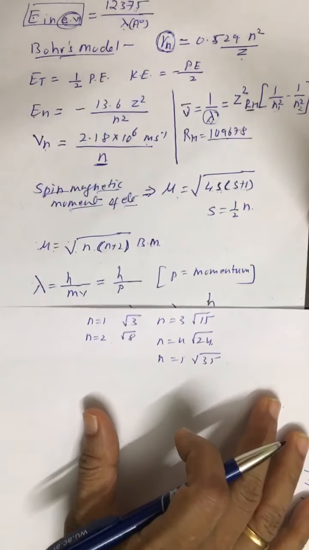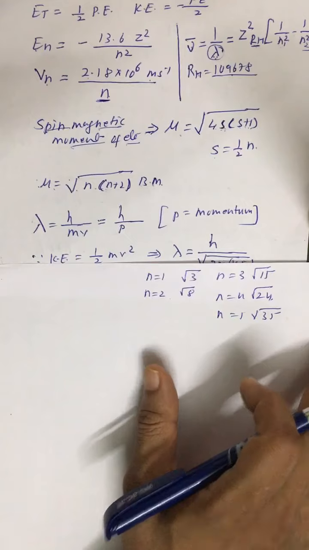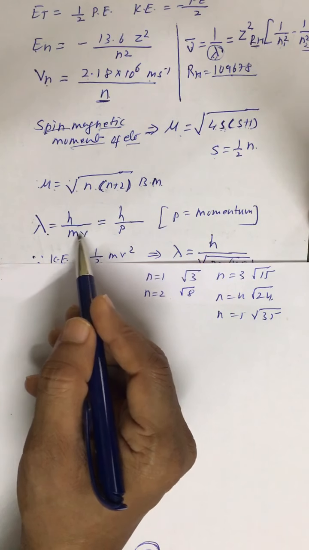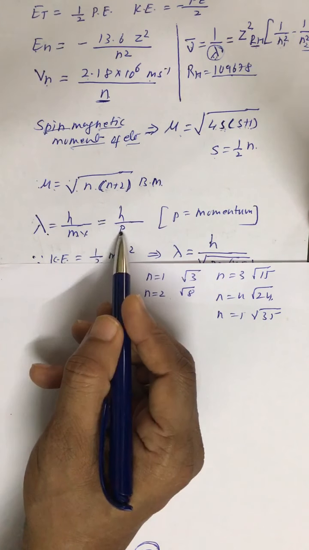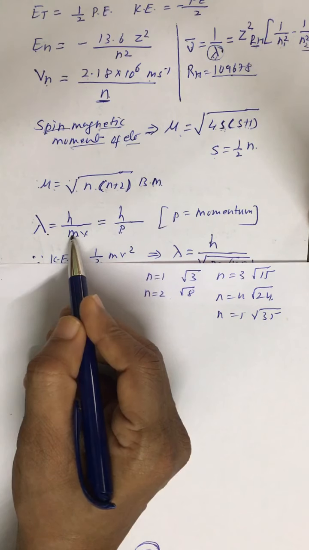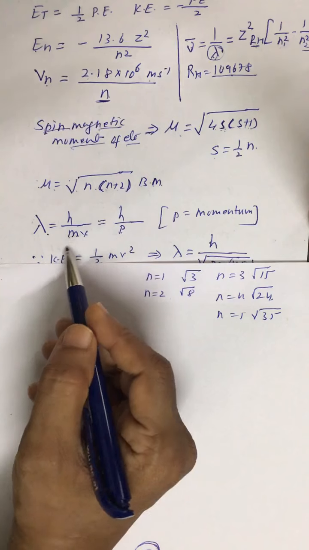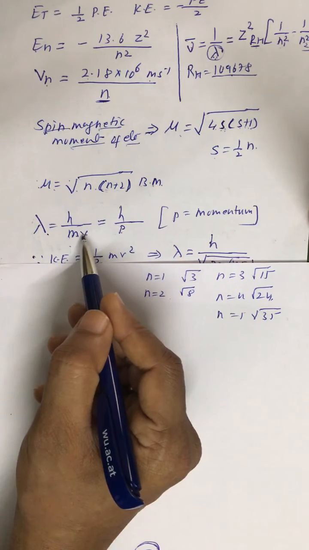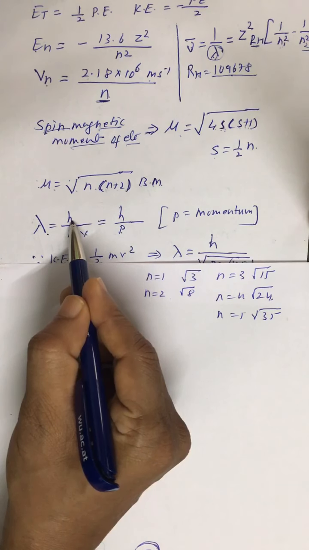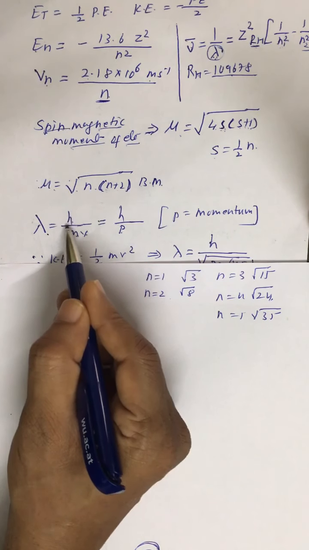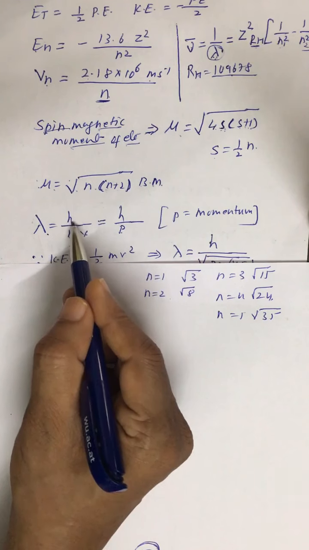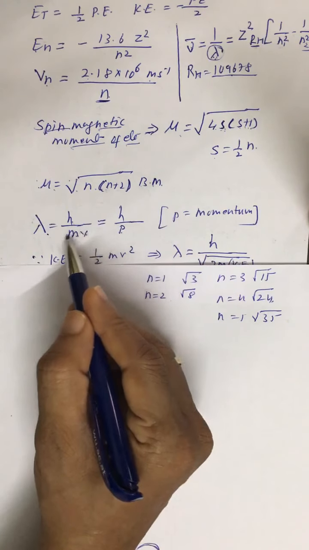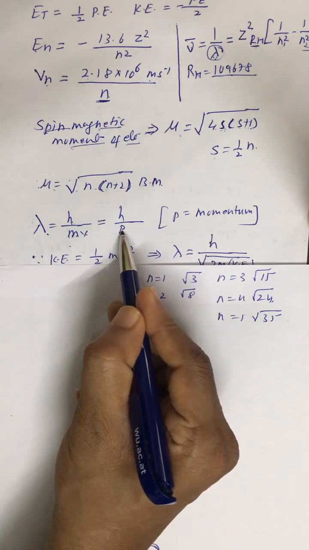And then we have some relation, that is lambda equal to h by mv. mv is actually momentum, mass of the particle times v, the velocity of that particle. h is Planck's constant. We have already discussed its value is 6.626 into 10 raised to power minus 34. Lambda is the wavelength, and m into v is momentum.